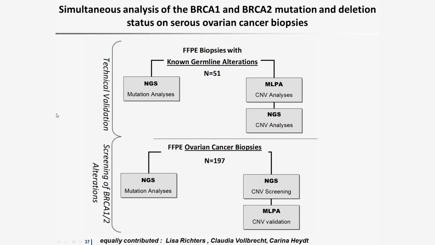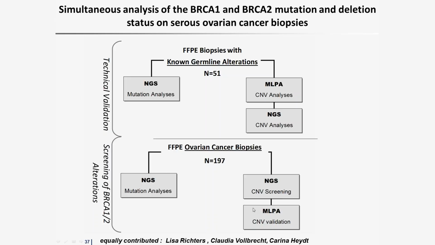Then we screened further a bigger cohort of nearly 200 samples, but these were sporadic ovarian cancers. So we screened by NGS, and then we confirmed selected samples by MLPA.